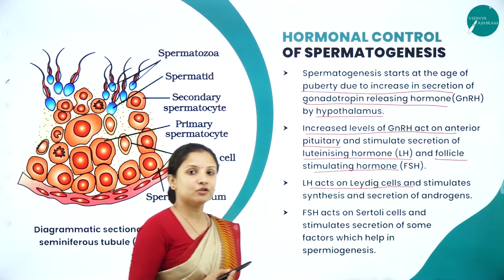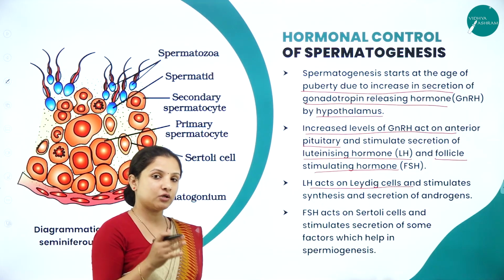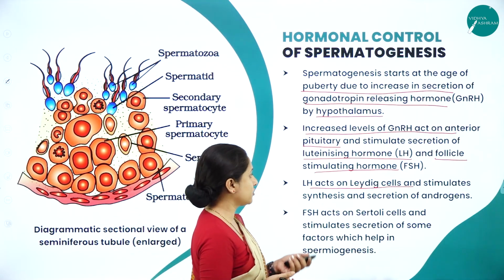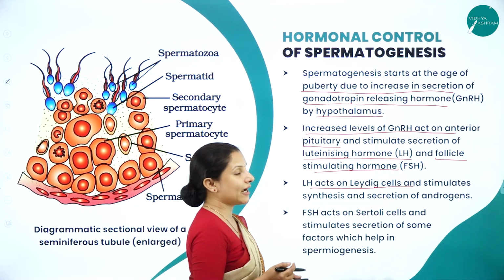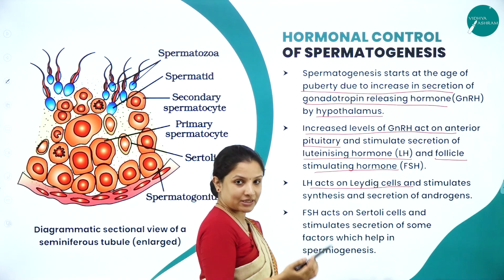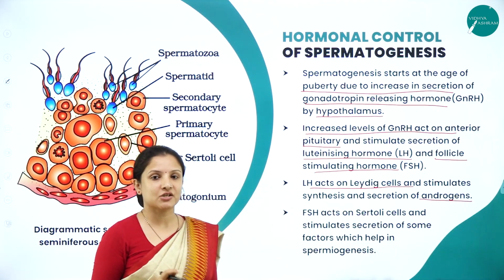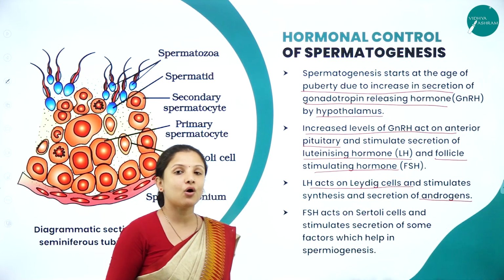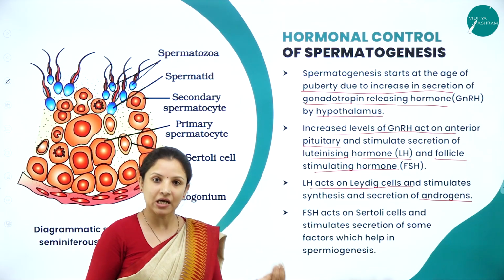Leydig cells are also called interstitial cells. If you remember, we have already done this in the previous session. You can have a look into it. The luteinizing hormone acts on the Leydig cells and stimulates them to secrete the hormone androgen. We learned in the previous session that the interstitial cells or Leydig cells secrete the male hormones, that is, the androgens.